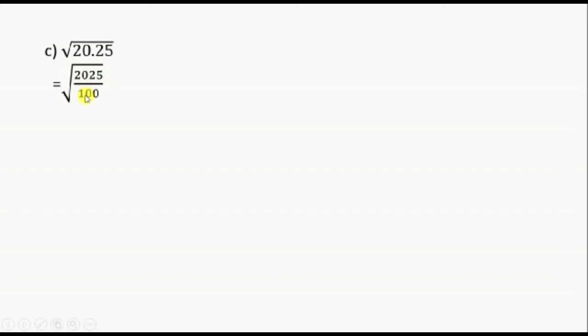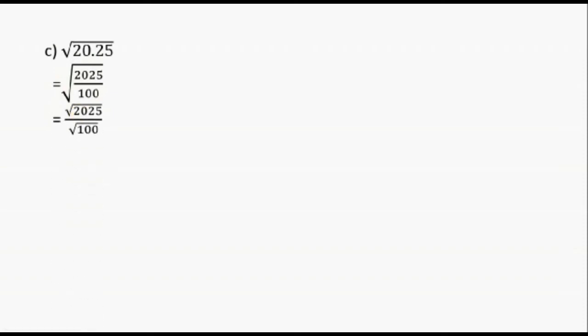So we have the square root of 2025 over 100. When you are given a fraction, what are you supposed to do? Find the square root of the numerator on its own and the square root of the denominator.